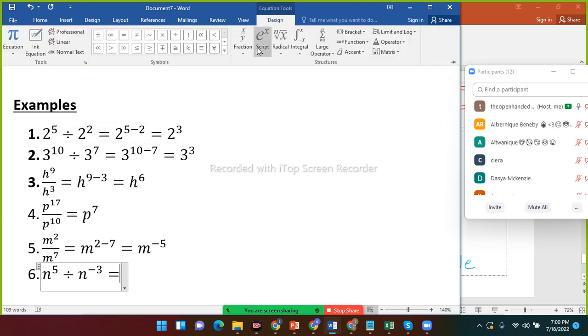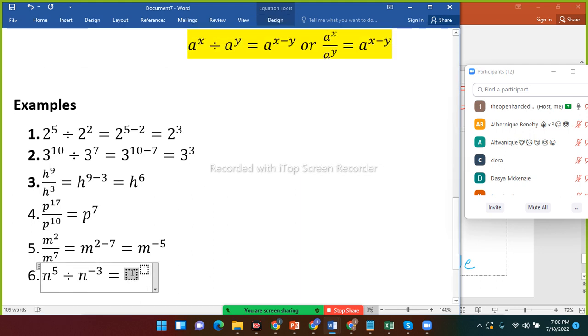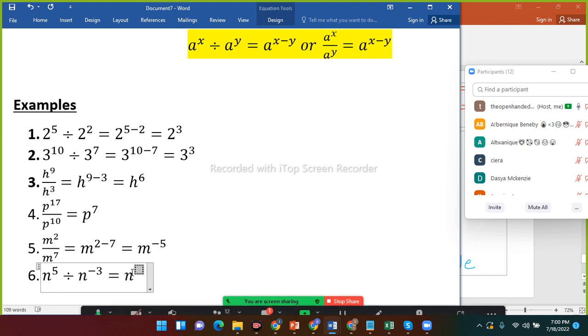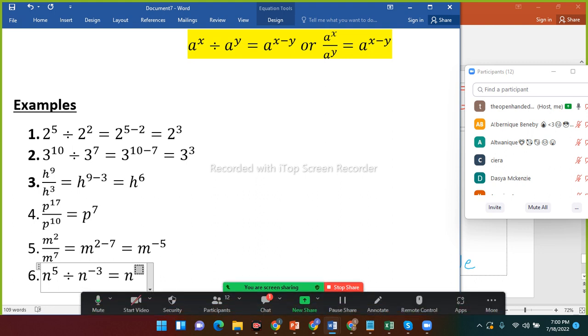Yeah, so this is another thing. When you have n, remember we subtract the powers, so it's going to be 5 minus negative 3, because we subtract the powers.